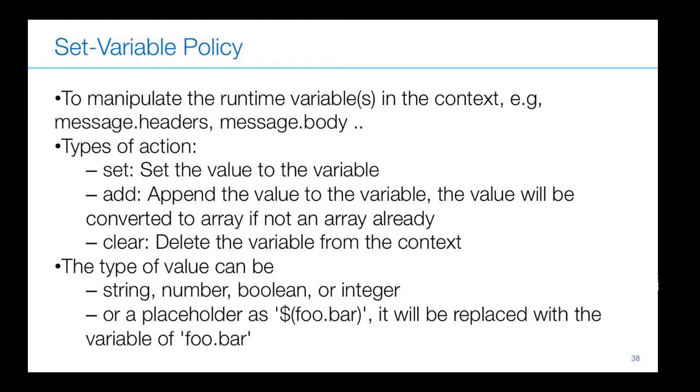That is one. And the third action is that you can delete the variable from the context, that you can clear it. And the type of the value that you can assign is string, number, boolean, or integer.